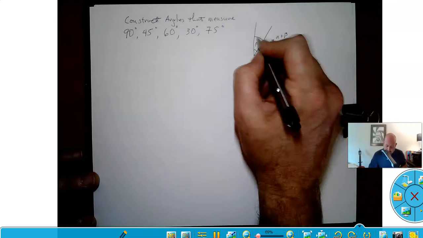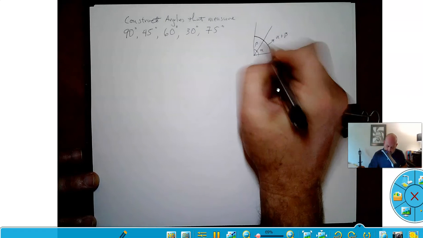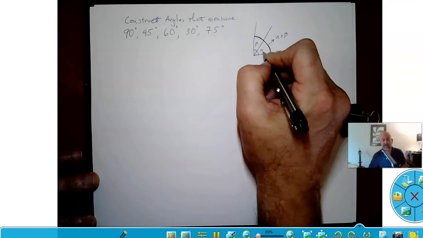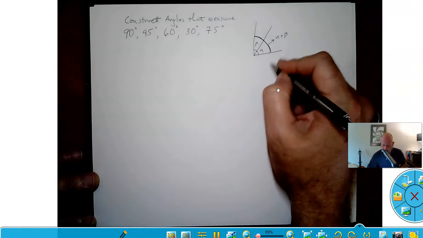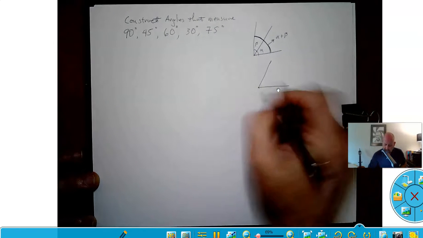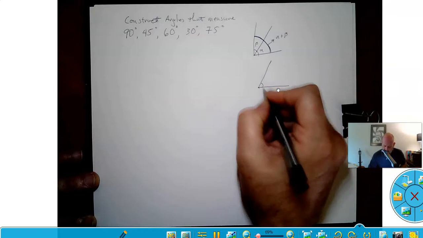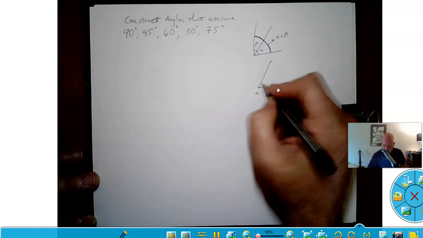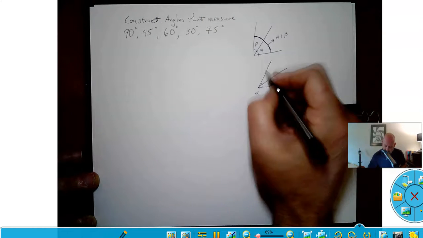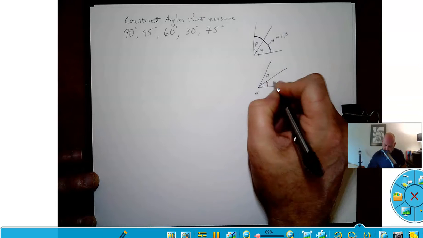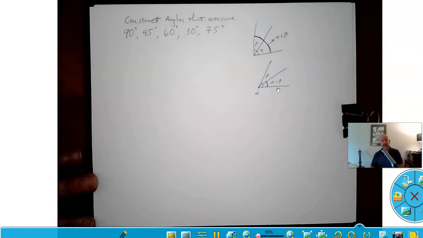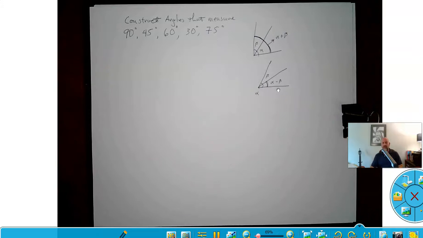So the whole thing is both angles together, and that totally makes sense. And you can do the same thing with subtractive, right? If you have an angle, and we'll call this angle alpha, and I construct beta here, then this angle right here is alpha minus beta, right? So there are ways you can do these things.